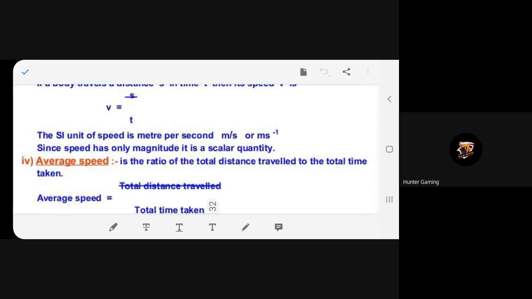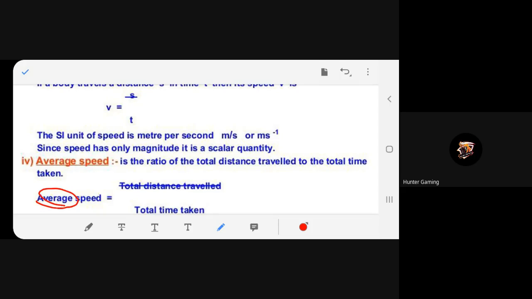Now let's see what is average speed. Average speed is the ratio of the total distance traveled to the total time taken. Average speed equals total distance traveled by total time taken. What does average mean?